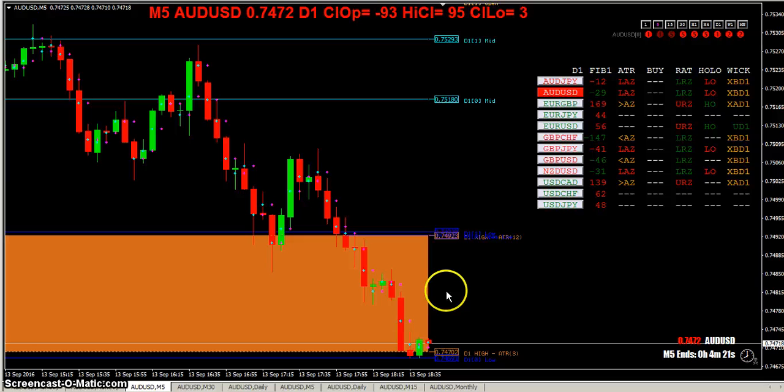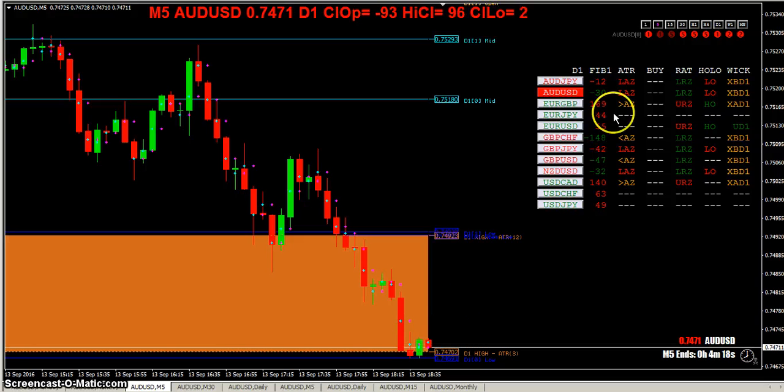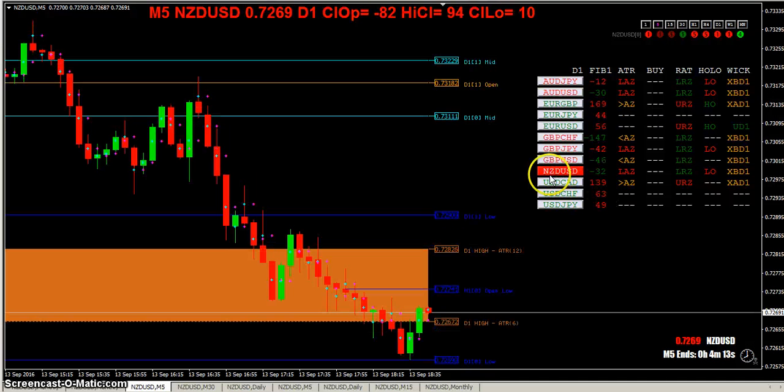You can see here it's at minus 30. And the New Zealand dollar, US dollar was minus 32 on the fib zone. You see they broke out of the previous day's low here. So once again, selling low would have netted you about 31 pips.